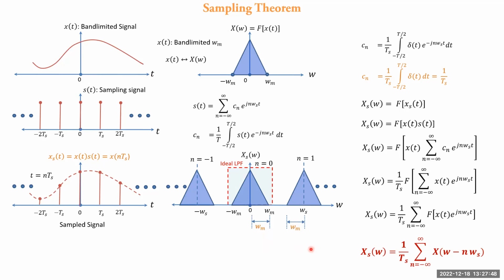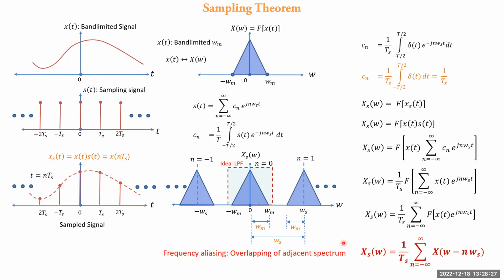Now here the width of the main lobe is omega m because it is a band limited signal, and then one can figure it out. The width 0 to omega s should be greater than twice omega m in order to avoid overlapping of adjacent spectrum, so that the ideal filter can filter the original spectrum of the analog signal.